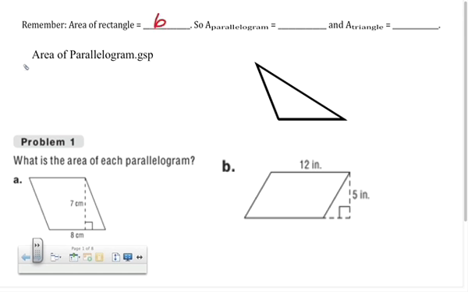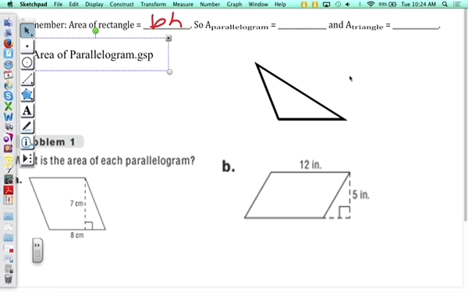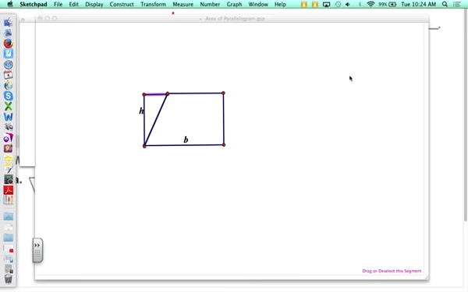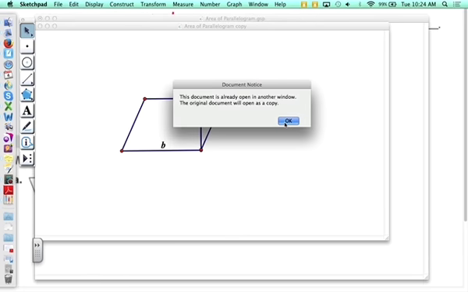So let's take that rectangle and use it to talk about the area of a parallelogram.